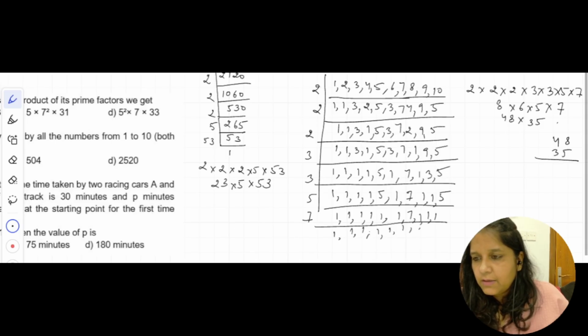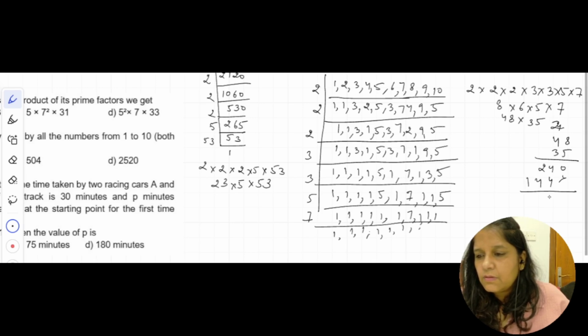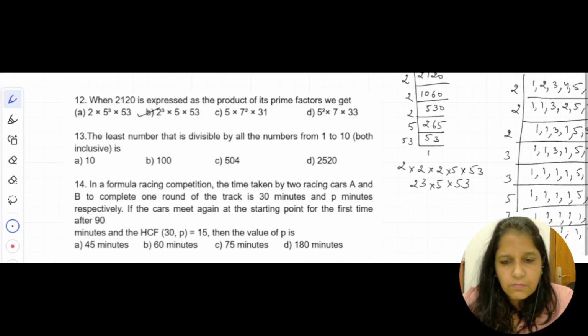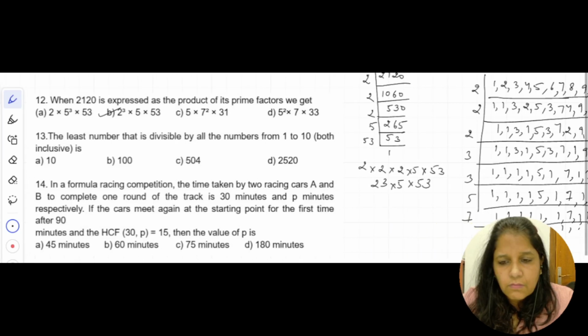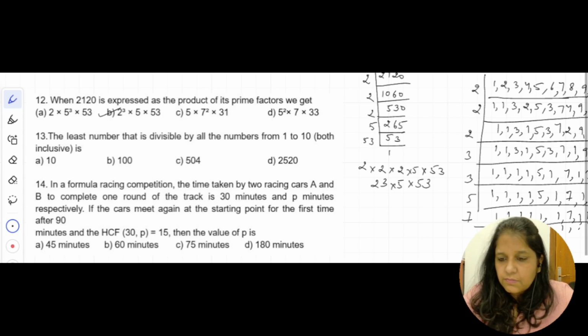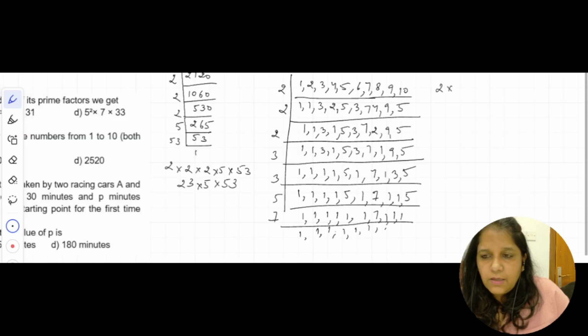48 को 35 से मल्टीप्लाई कर देंगे. So इन numbers को आपस में multiply कर लेंगे 2 into 2 into 2, 3 into 3 into 5 into 7.